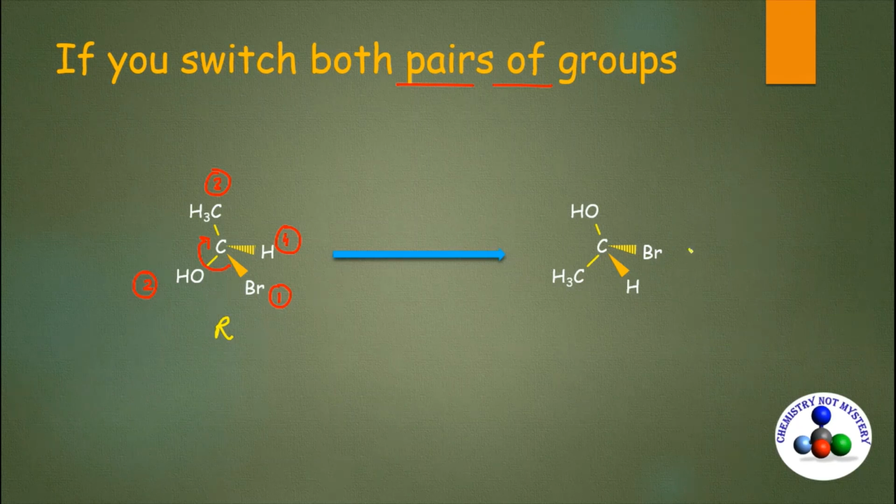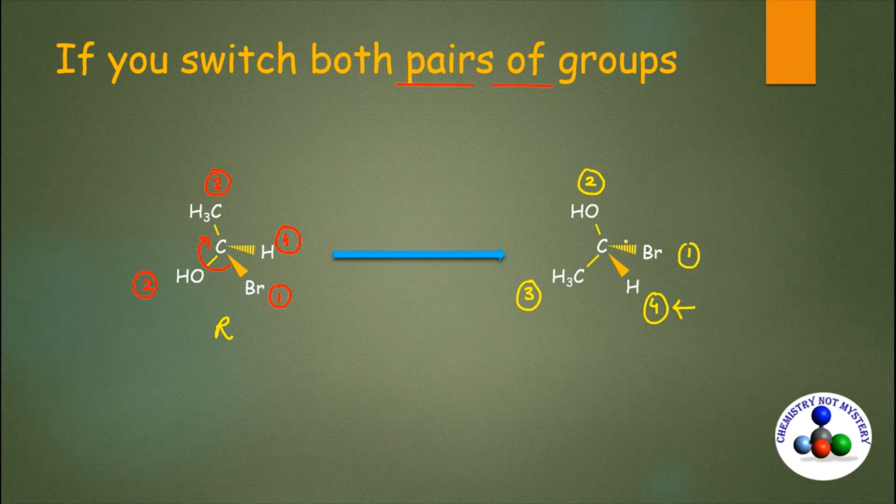Br will get first priority, OH will get second priority, methyl will get the third priority, and hydrogen will get fourth priority. But here you have to remember fourth priority group is bonded with a solid wedge. So remember to change the configuration. First try to find out the configuration of this molecule.